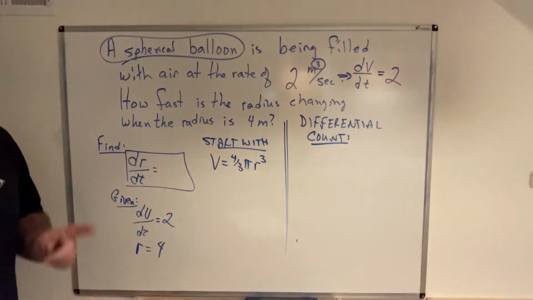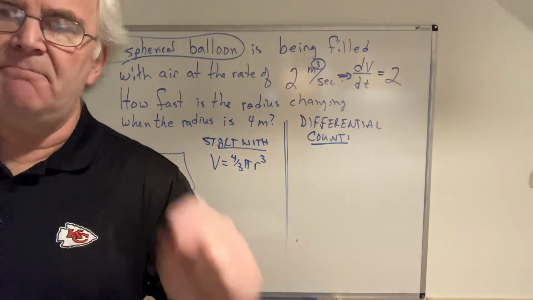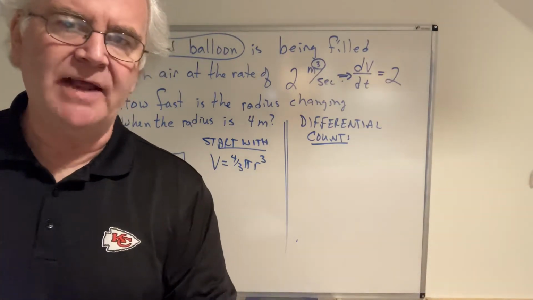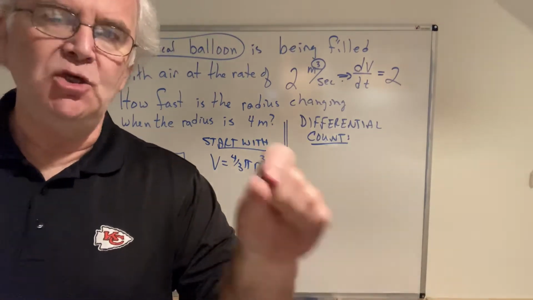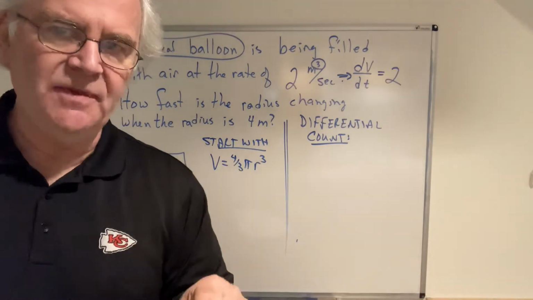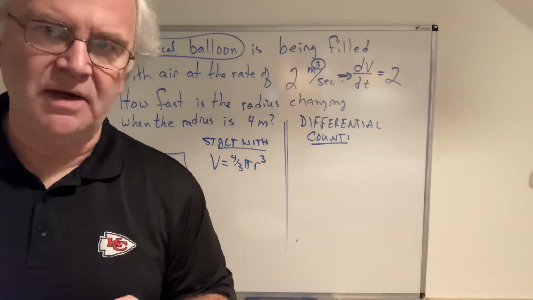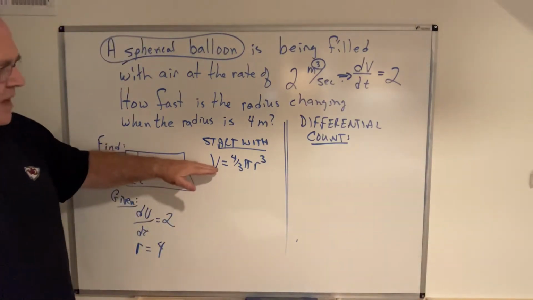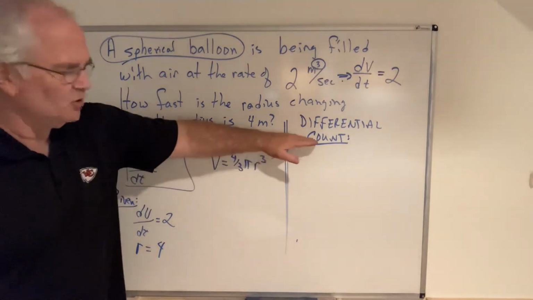The differential count happens before you actually do the derivative. You count them before you create them. If you don't, things go off the rails. So you look at this equation and you do a differential count, or sometimes I'll say a differential check.